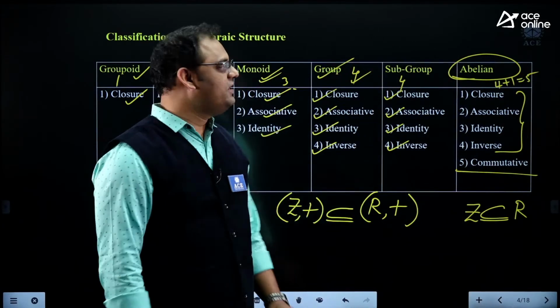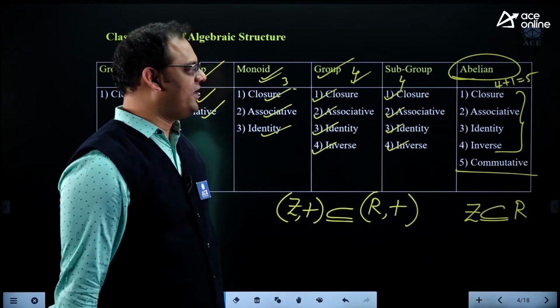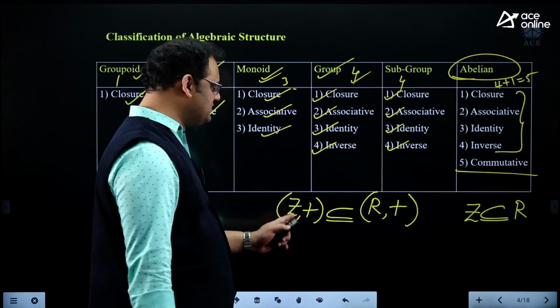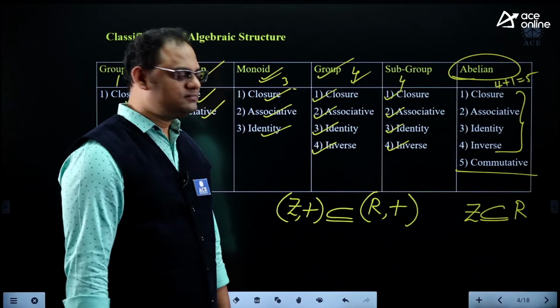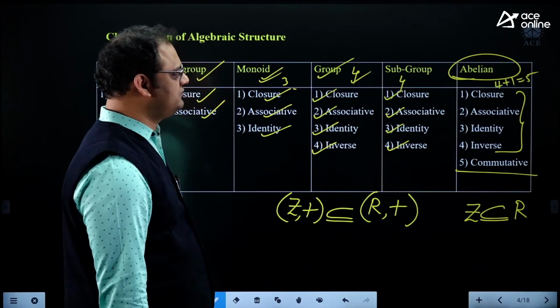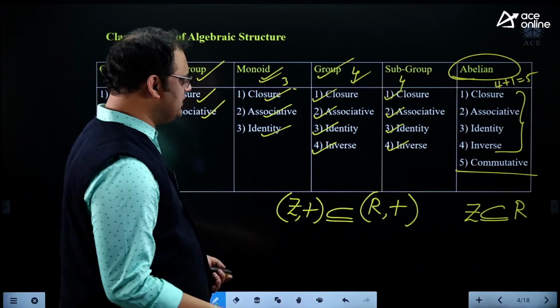Yes, Z plus is an abelian group, no doubt.